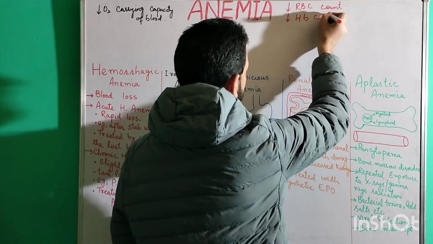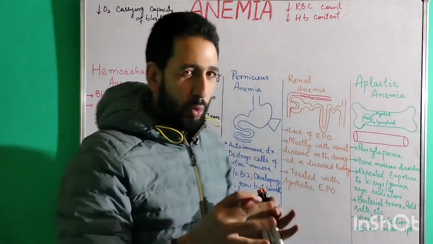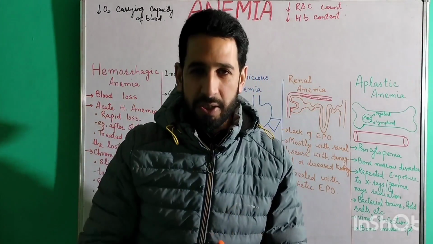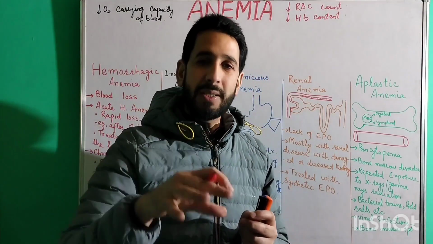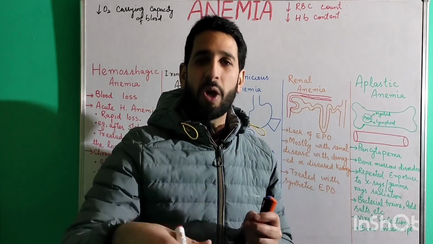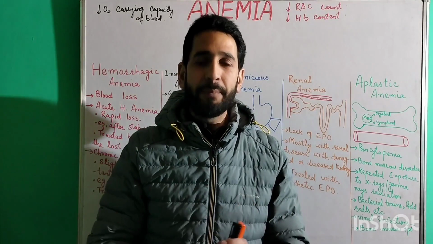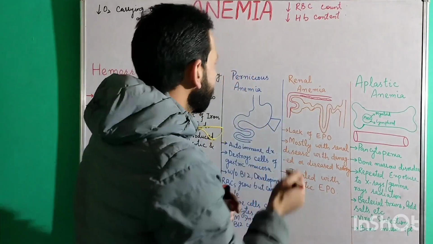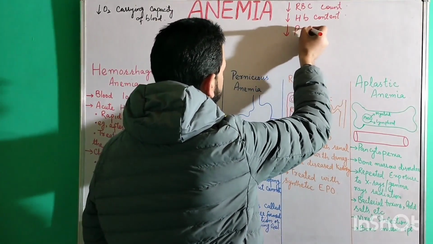Because I've already told you that it is the hemoglobin in RBCs which is going to transport the oxygen. So if red blood cells are formed, but the hemoglobin is not formed enough, that means there is decreased hemoglobin content, and that is going to be called anemia.